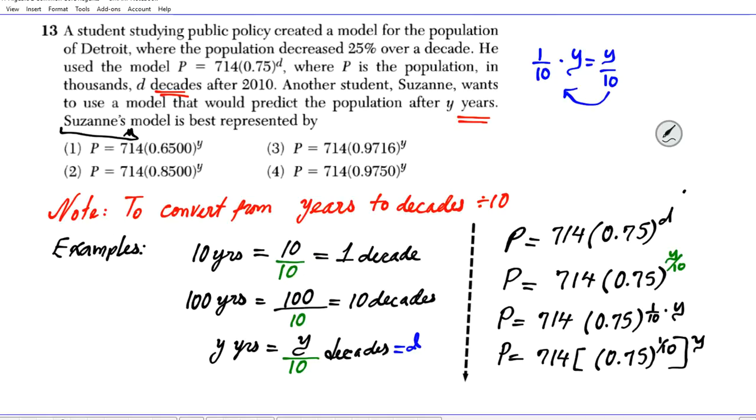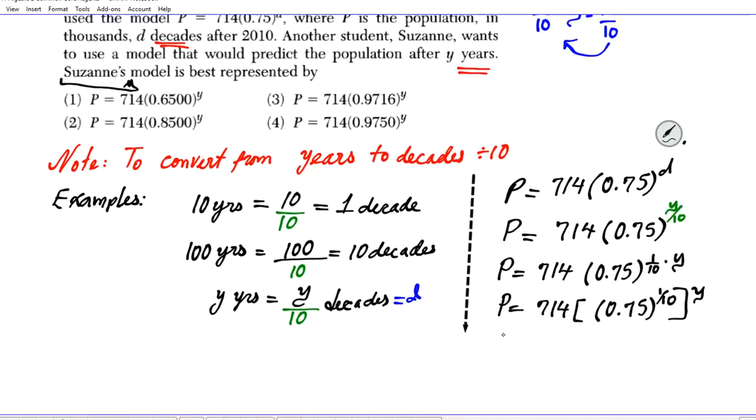So this can be reduced to P equals 714 times 0.9716 raised to the y power. We can clearly see that our answer is option number 3.